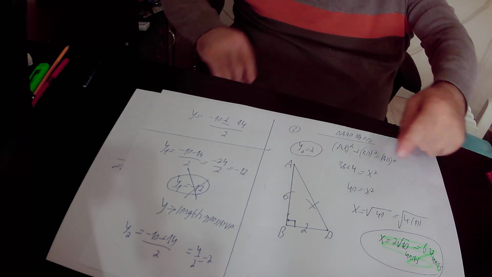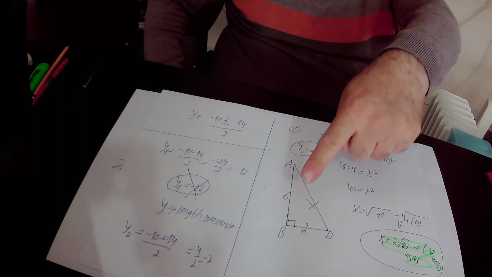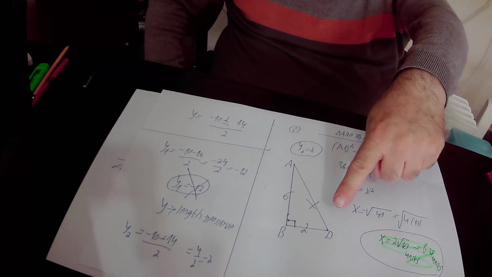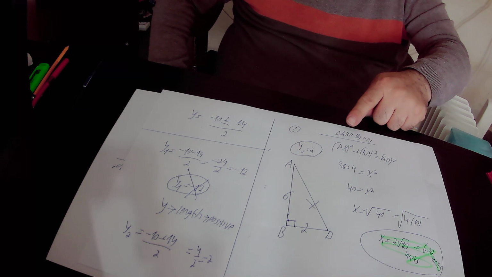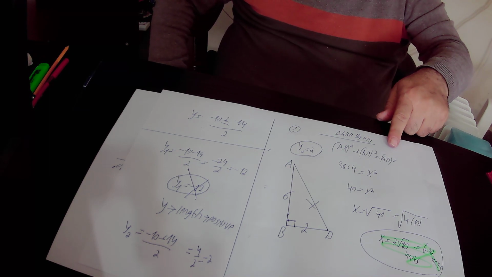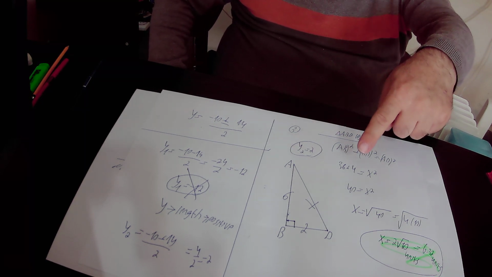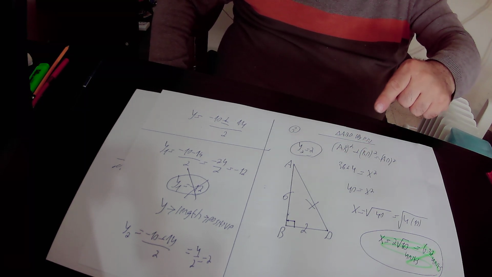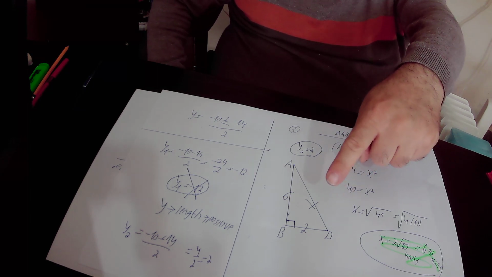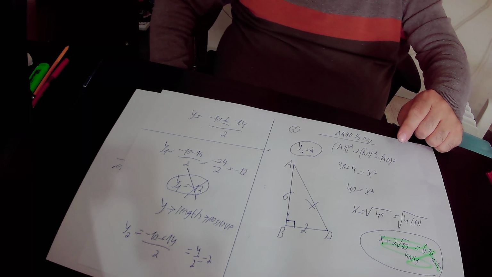So we have here in this right triangle, triangle ABD, BD equals 2, AB equals 6, and AD equals x. So according to the Pythagorean theorem, AB squared plus BD squared equals AD squared. AB is 6, so AB squared is 36, plus BD squared. BD is 2, so BD squared is 4.